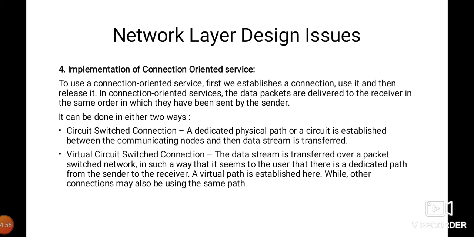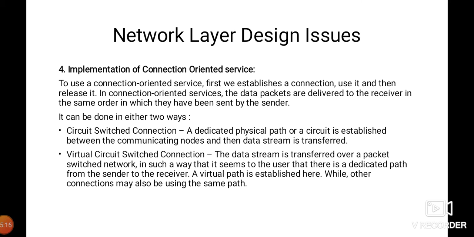Next we have virtual circuit switched connection. The data stream is transferred over a packet switched network in such a way that it seems to the user that there is a dedicated path from the sender to the receiver, and a virtual path is established while other connections may also be using the same path.